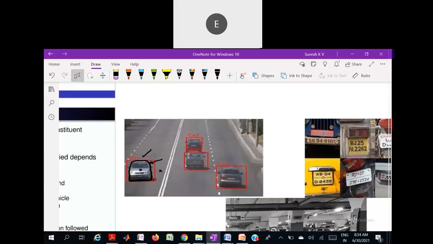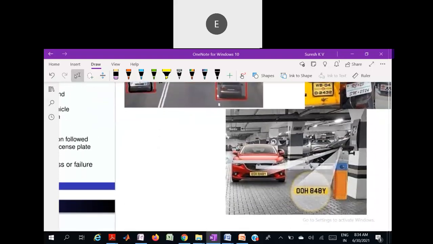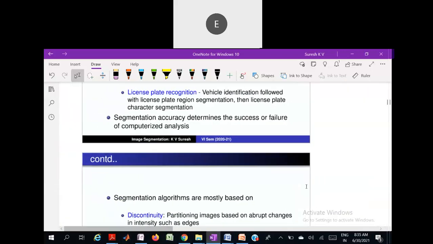For example, let me explain a different scenario. You are asked to identify fruits in an image. For example, one of the final year project batch students are working on an automatic fruit plucking robot. In fact, what they have done is they have designed a drone.